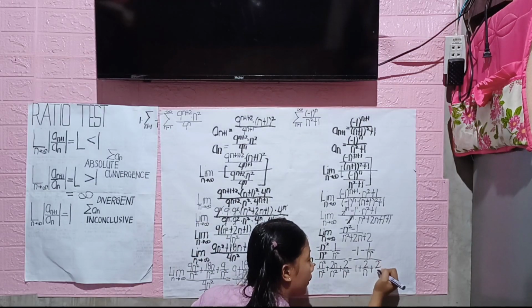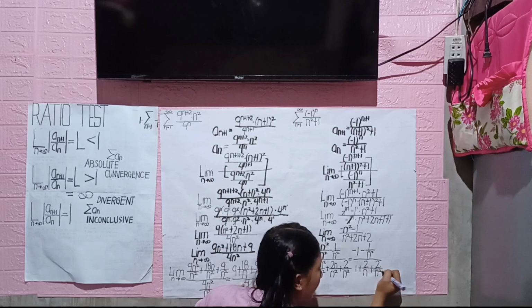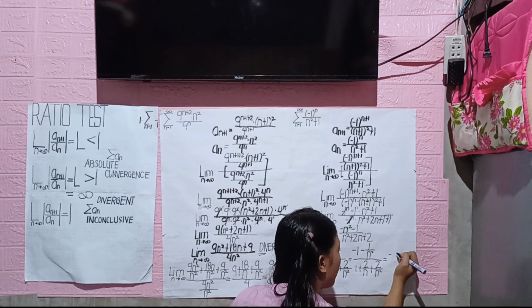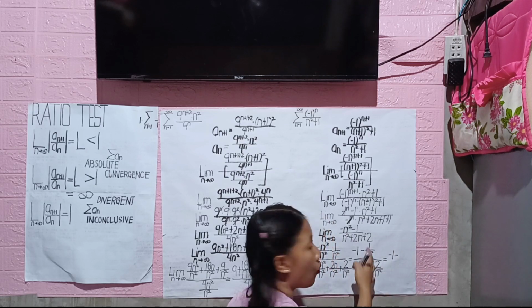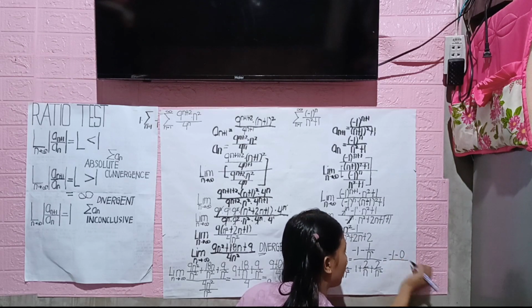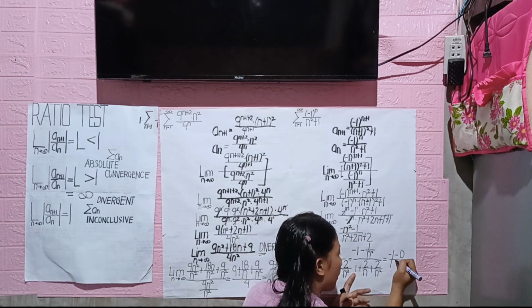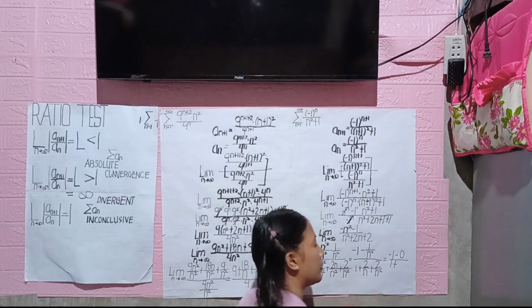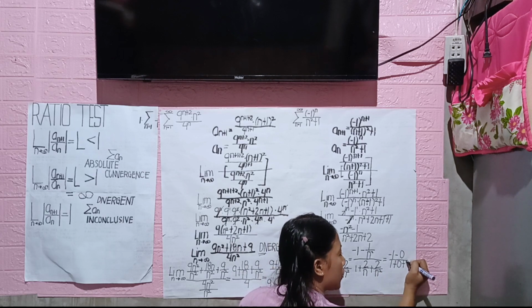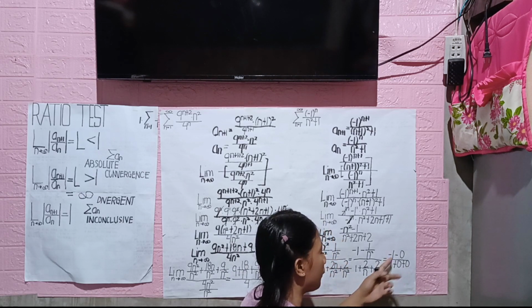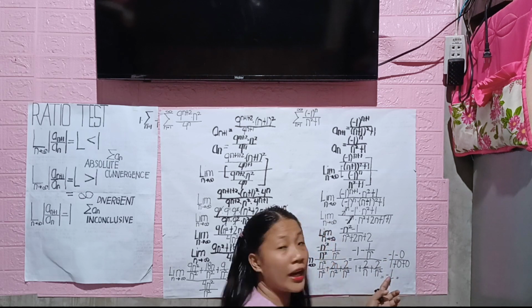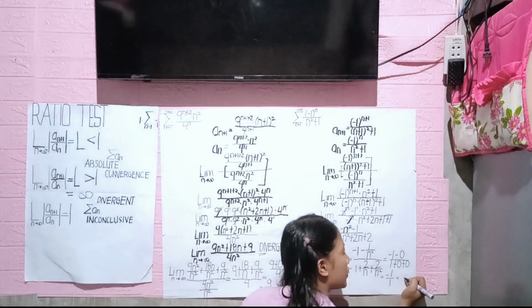So 2 over n squared. Then let's solve this. So negative 1 minus, so 1 over n squared will become 0, over, so 1 plus, so 2 over n will become 0 plus 2 over n squared will become 0 also. So negative 1 over 1. So negative 1 divided by 1 is equals to negative 1.